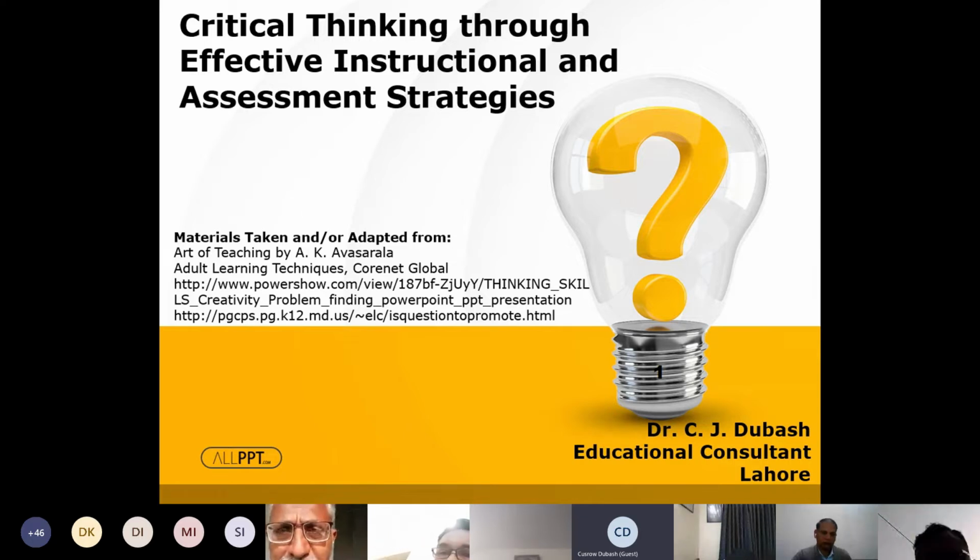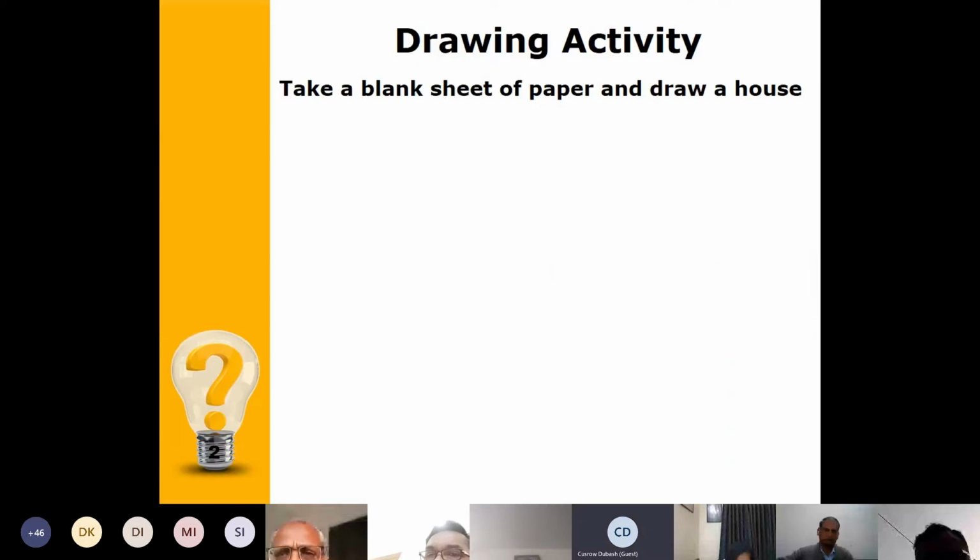We will start by doing a small activity. And here it is. What you need is a blank sheet of paper, and I want you all to draw a house. Just take 30-40 seconds, draw a house. I'm sure you've done it. It's not difficult, but just take a few seconds and draw a house.